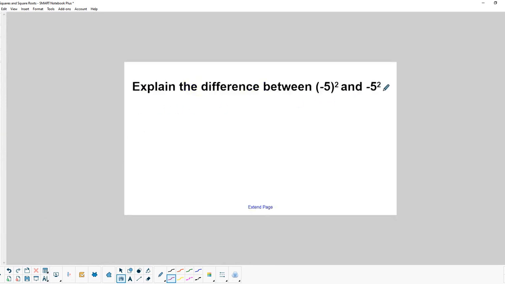Explain the difference between (negative 5) squared and negative 5 squared. Well, the first one is like saying negative 5 times negative 5, which ends up being 25.